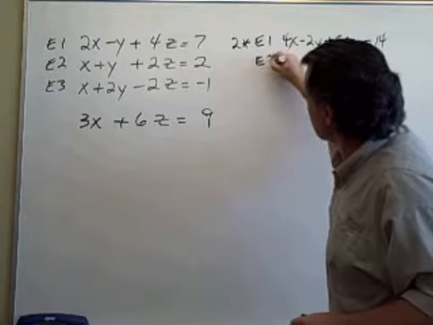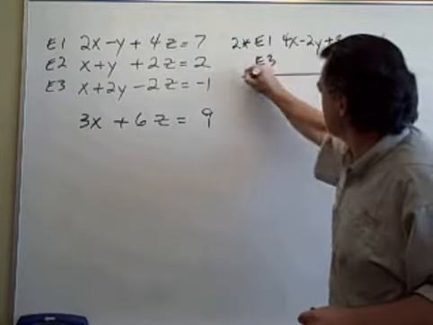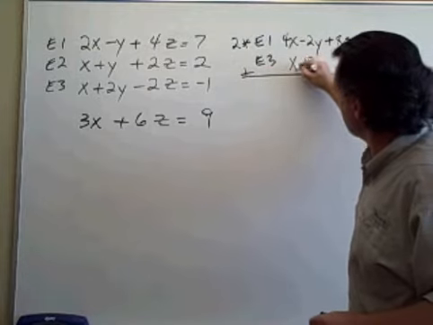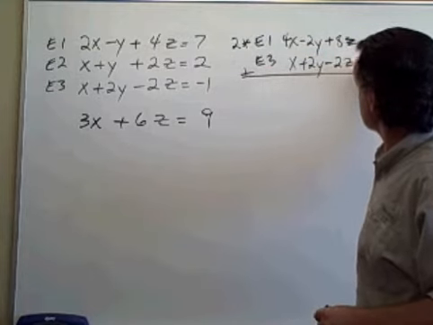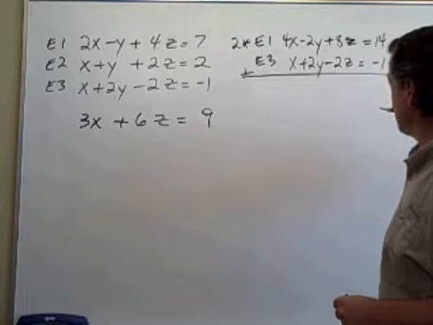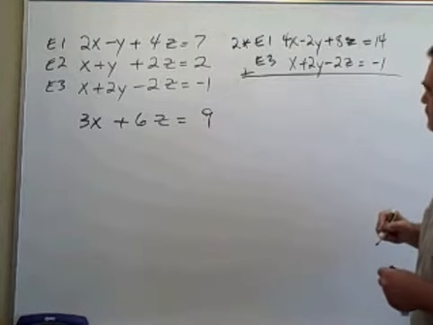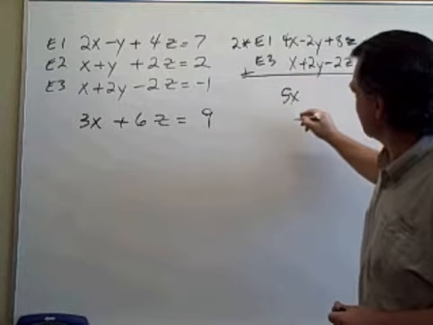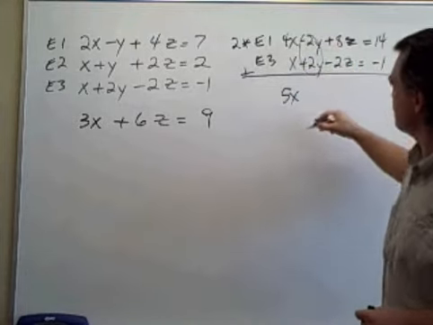Now let's add equation 3 to that equation. That's x plus 2y minus 2z equals negative 1. So 4x plus x, that's 5x. The y's disappear.